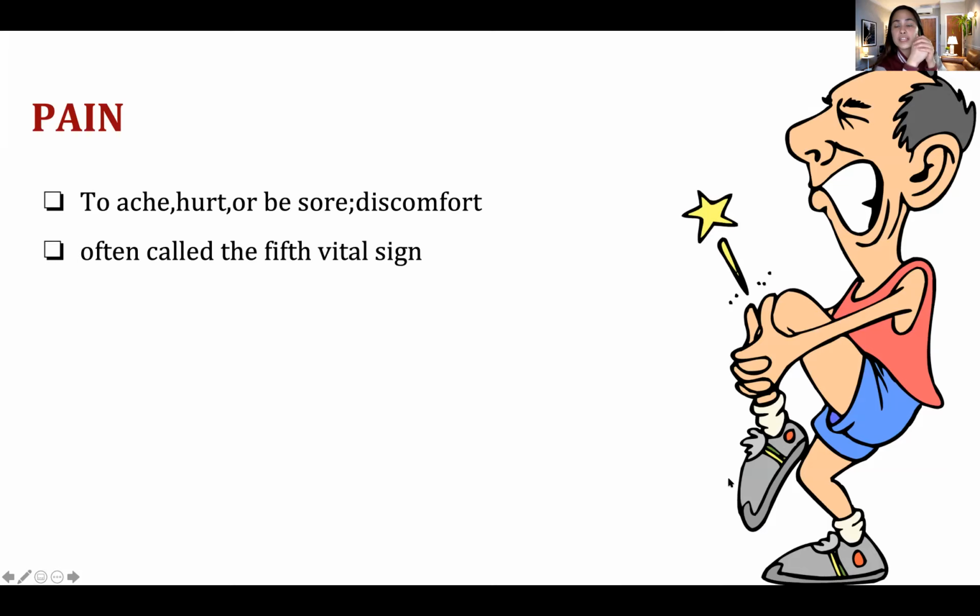If you notice that the patient is with pain, vital signs will also be affected. You will be seeing that the blood pressure, respiratory rate, and pulse rate are increased if the patient is having pain. So what you will do, you need to decrease the pain so the vital signs will decrease as well.